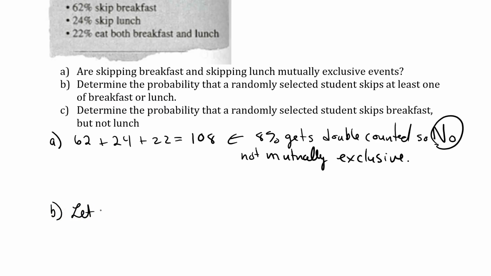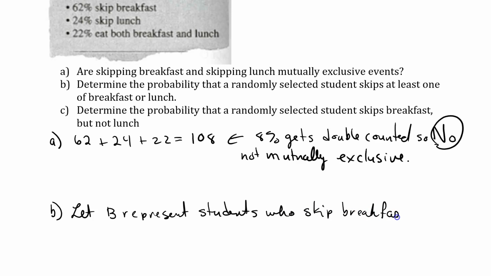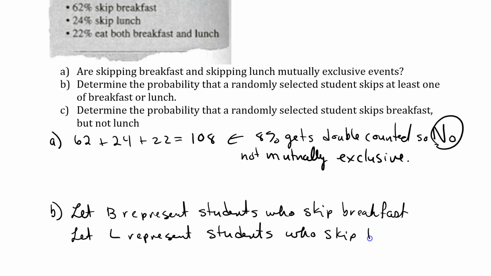So let B represent students who skip breakfast, and let L represent students who skip lunch.